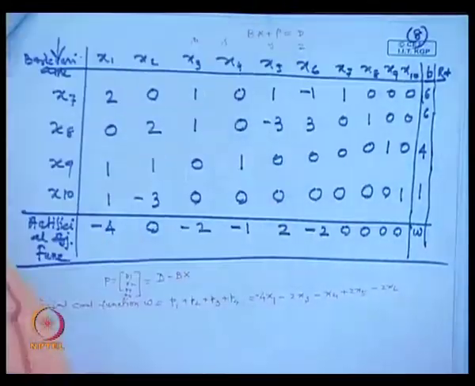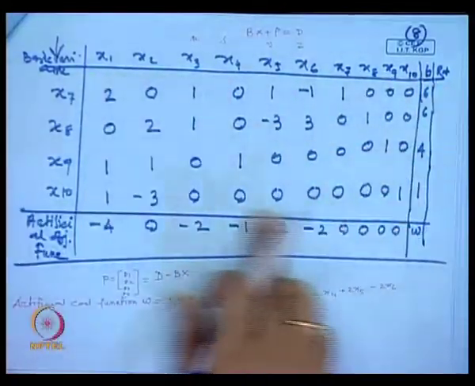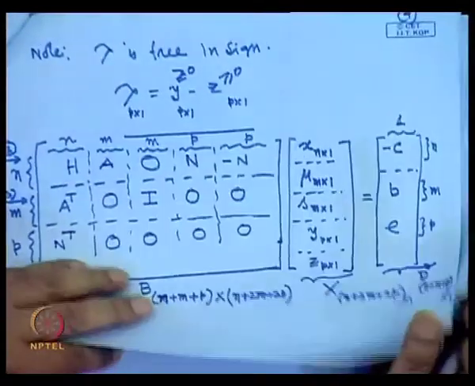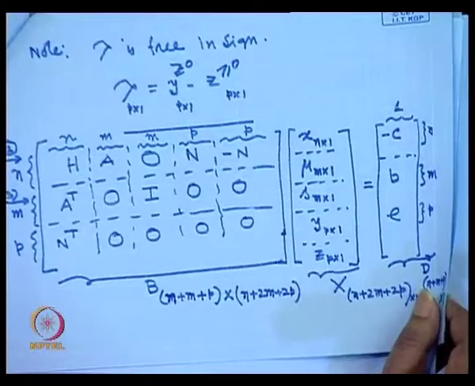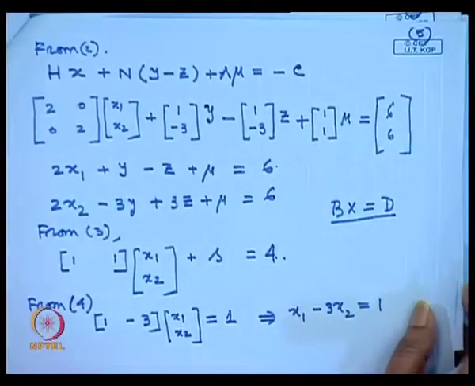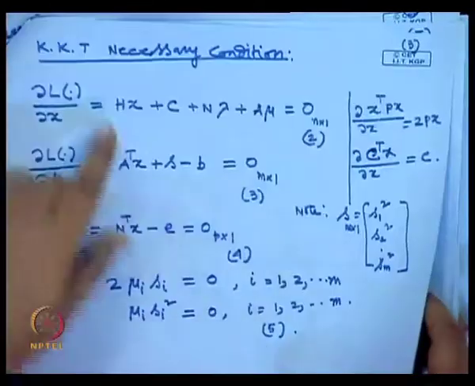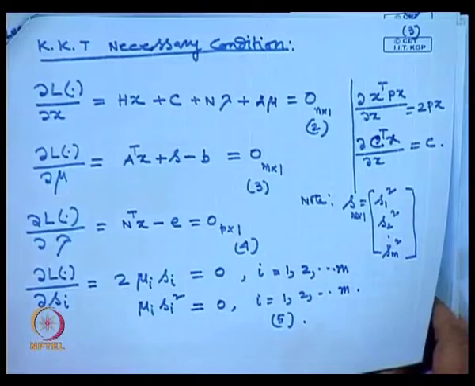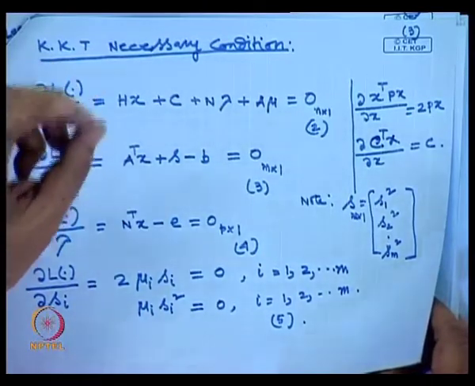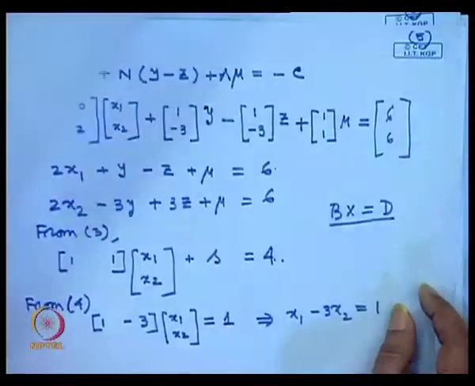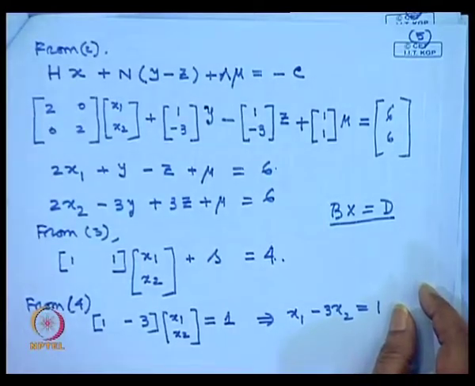If I now write it in tabular form to solve with the simplex method, you can see carefully how I formed these matrices. We have taken a simple example, where H, N, C, A, B, E and all these things are described in the example.